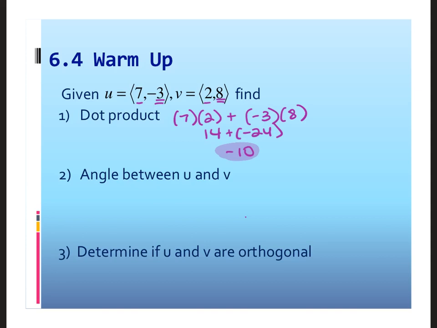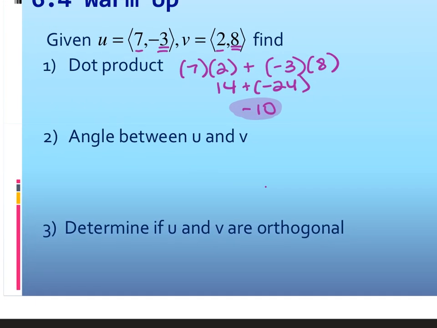To find the angle between two vectors, we used the equation that cosine of theta would equal the dot product of the two vectors over the product of their magnitudes. So if I want to find the dot product, I did it in the first part. That's -10. That's going to be my numerator.